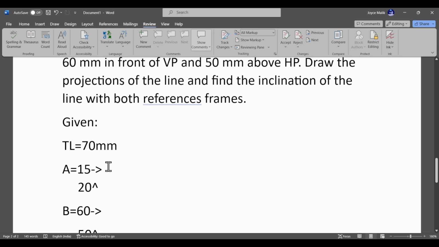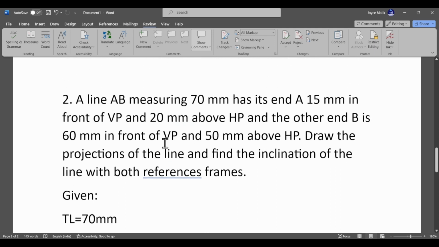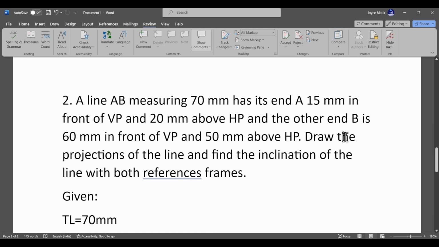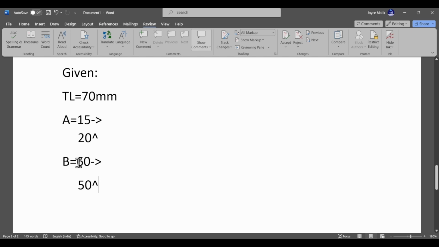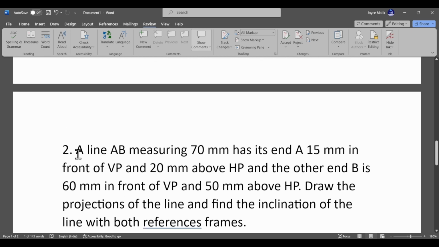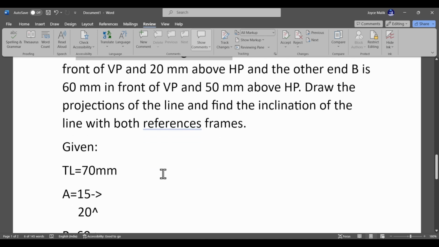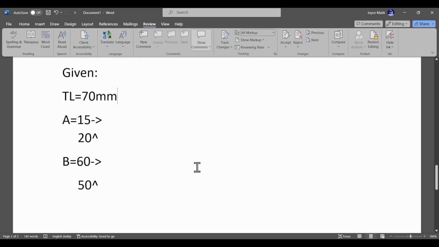And the other end B is 60 mm in front of VP and 50 mm above HP. The line AB is measuring 70 mm, so 70 mm is the true length. We have to find all the 8 parameters.